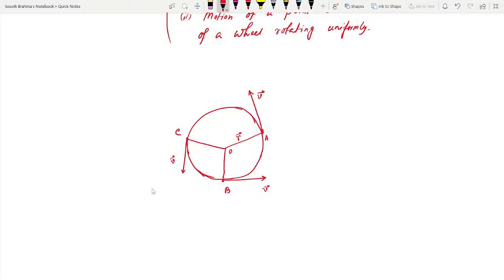Therefore, if the direction changes, that means the velocity gets changed. So if there is a continuous change in the direction of the velocity, then uniform circular motion is an accelerated motion. Correct? Clear about it?